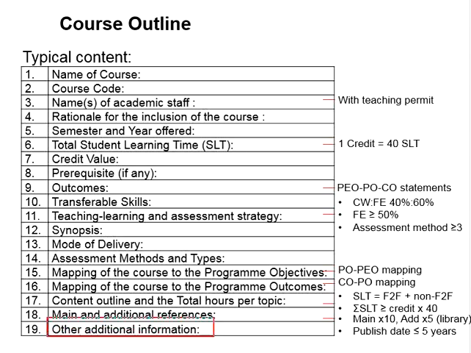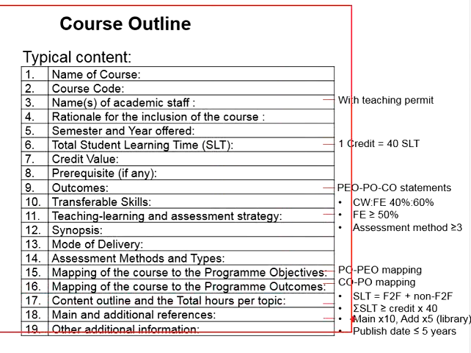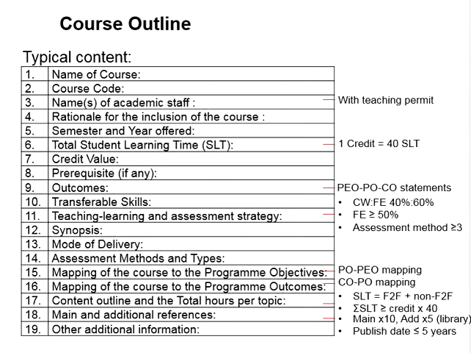Lastly, there is additional information regarding the course. What you see here, the course outline, serves as the information regarding the specifications and details of the course. Normally, the university will have a control version, which is the latest version of the course outline, to be implemented by the lecturers undertaking the respective course.